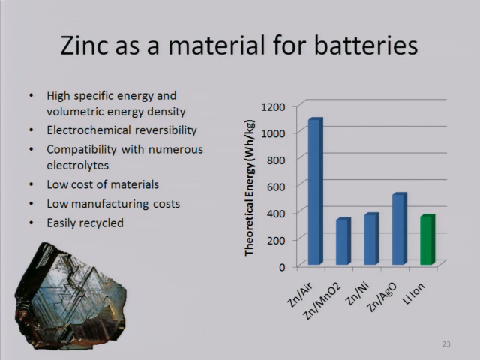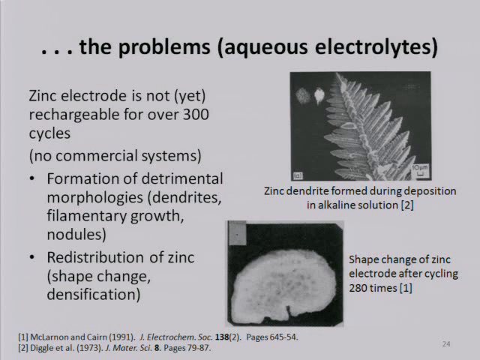Compatible with numerous electrolytes. The materials are relatively low cost. Zinc is far cheaper than lithium, for example. Our manufacturing costs should be low, as you'll see in a few moments, and it's easily recycled, less so with lithium. So that's our choice as one of our electrode materials.